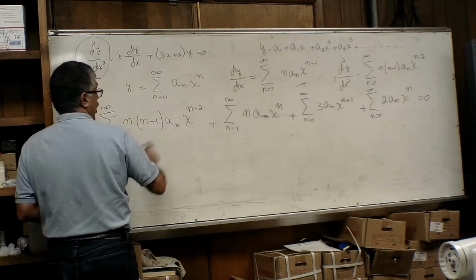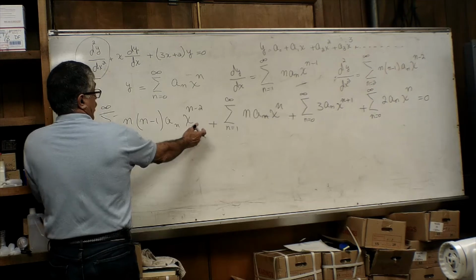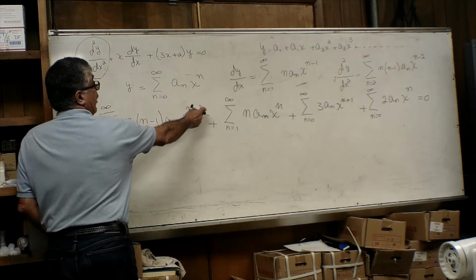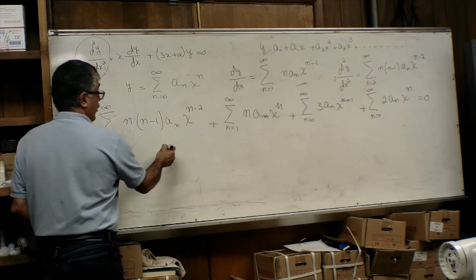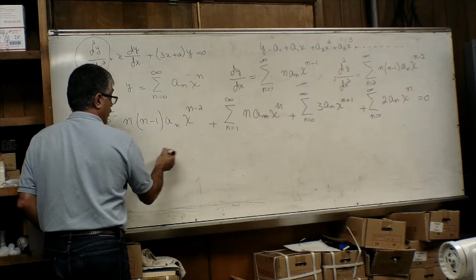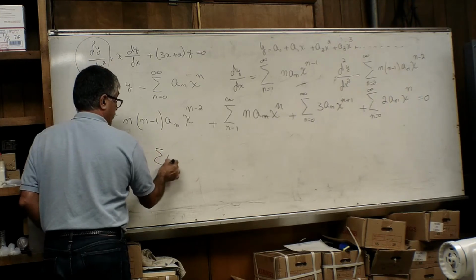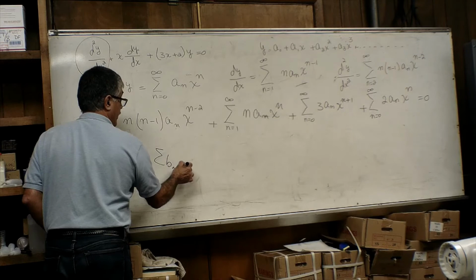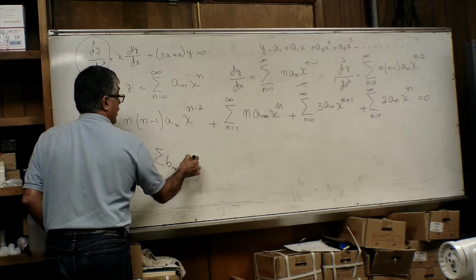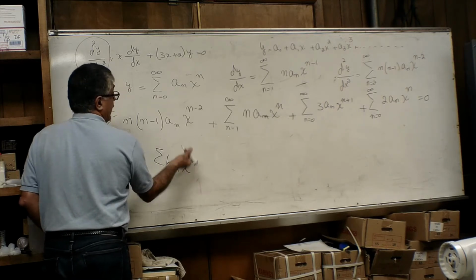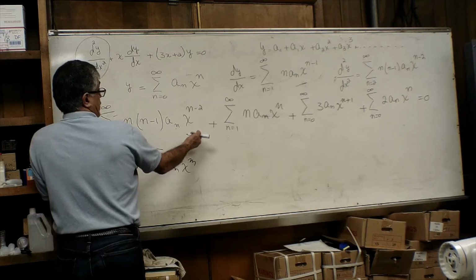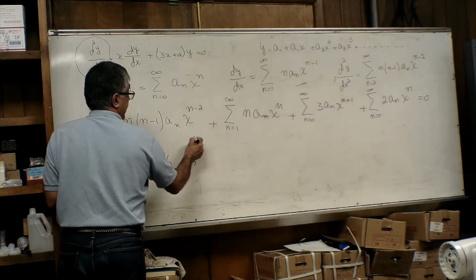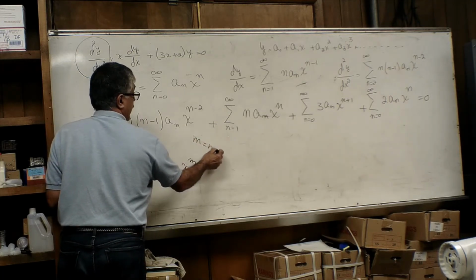On the first summation, our power is n minus 2, and we want to write it in the form of x to the power n. So that means in the first summation, let's say that m is equal to n minus 2.